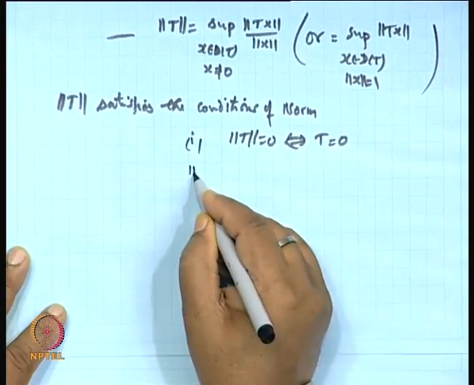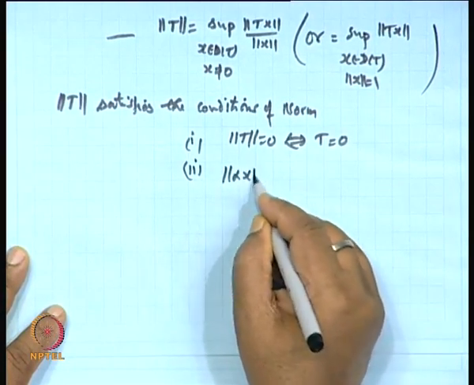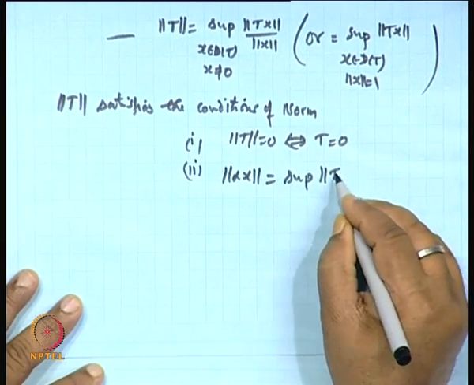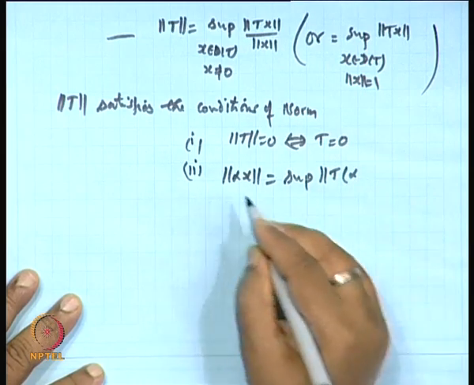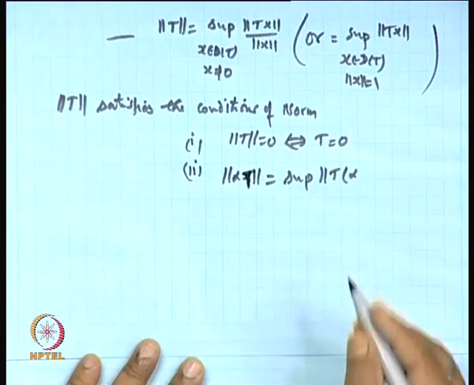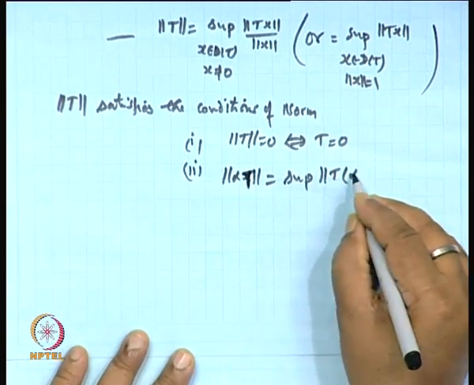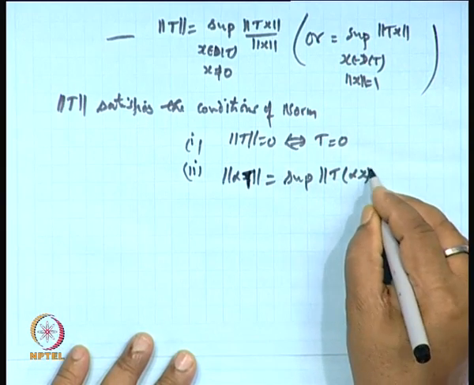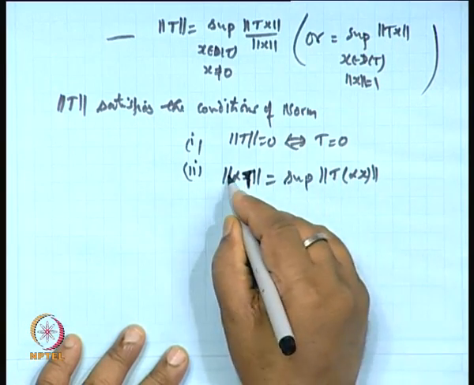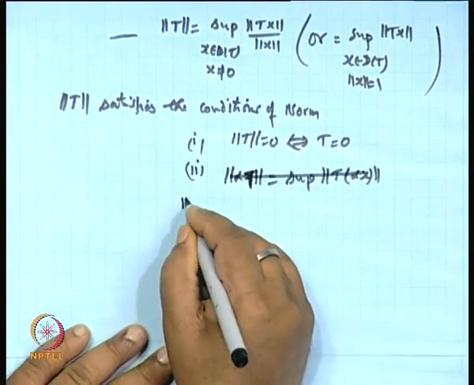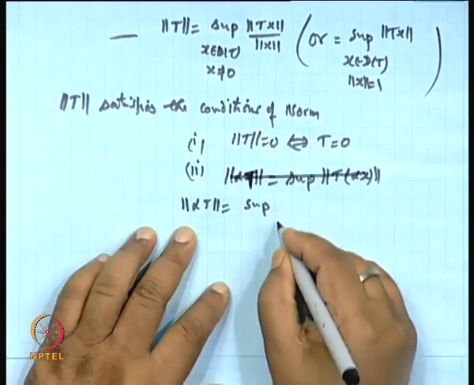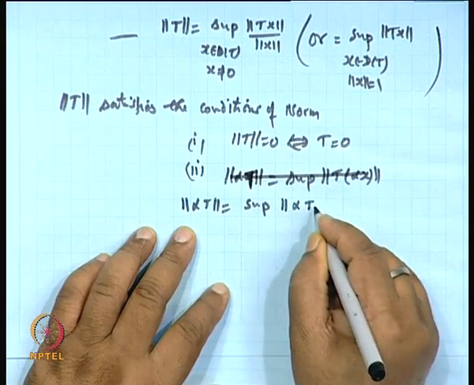The second condition which we can see is the norm of alpha T. Norm of alpha T, by definition, is the supremum of norm of alpha T y.